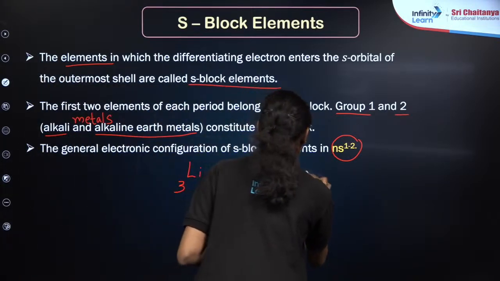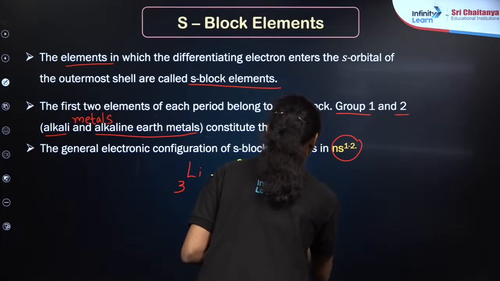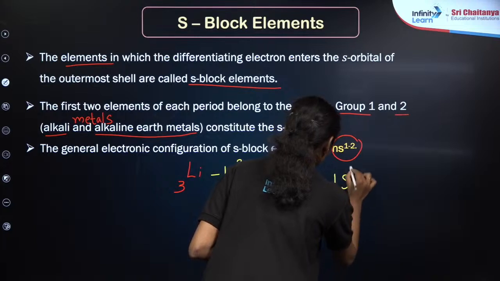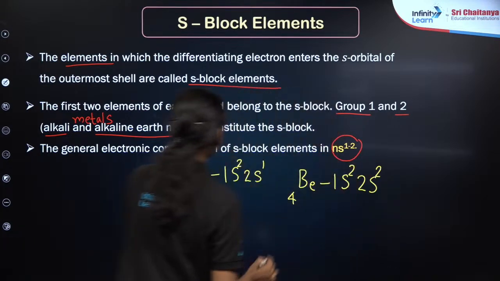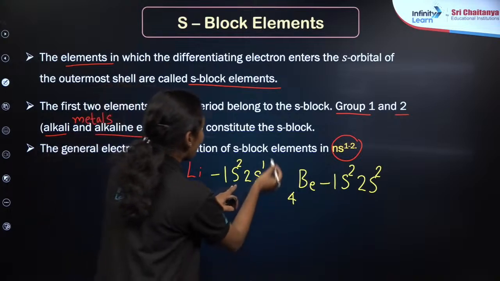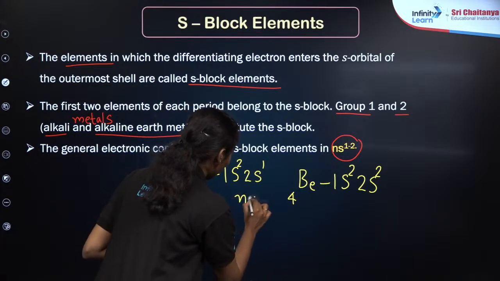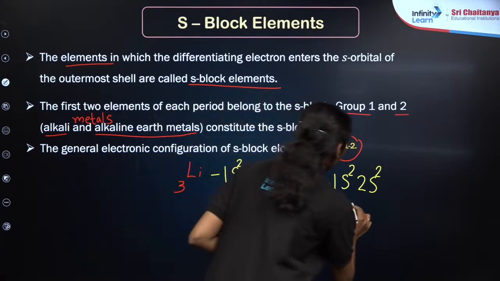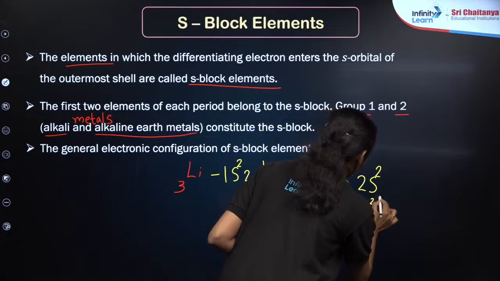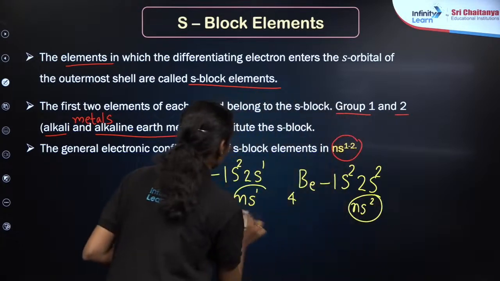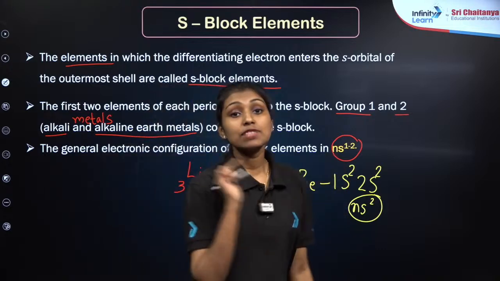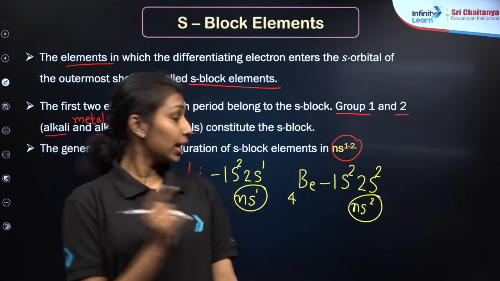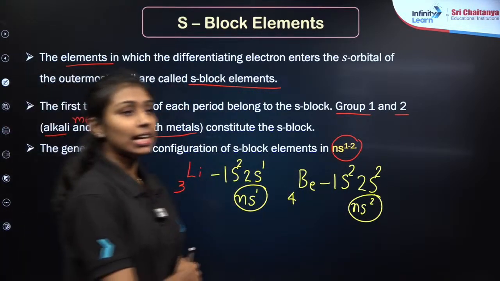Taking beryllium, atomic number 4, 1s2, 2s2. Which means the general electronic configuration is either ns1 for the first group elements or ns2 for the second group elements. This is the general electronic configuration of s block elements, that is ns1 to 2. Clear?